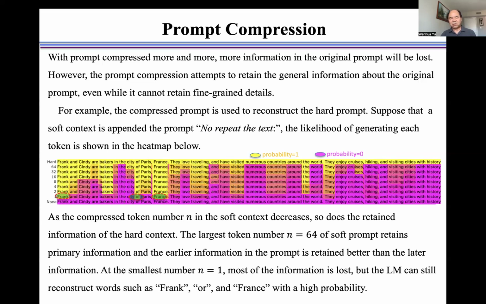The largest token number, n equal to 64, of a soft prompt retains the primary information, and the early information in the prompt is retained better than the later information, as shown here. At the smallest number, n equal to 1, most of the information is lost, but the language model can still reconstruct words such as frank, off, and friends with high probability.